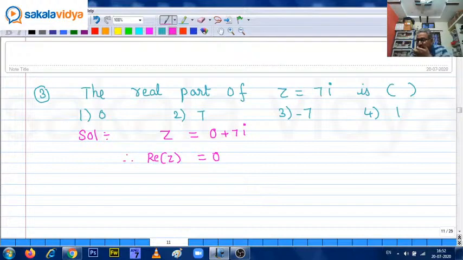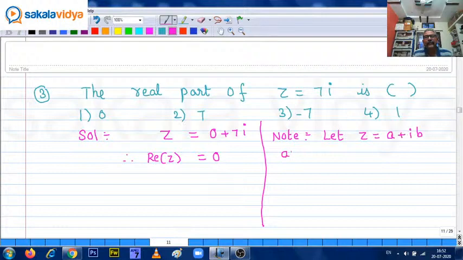So now some important points to be noted. Note down. Let z is equal to a plus ib and a is equal to 0.